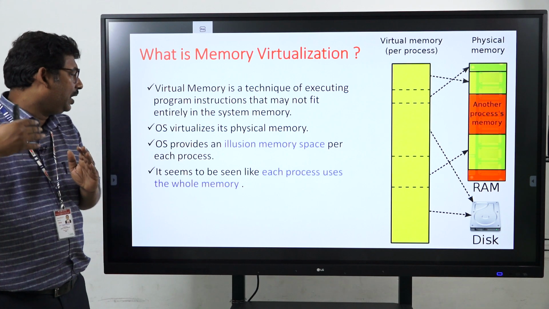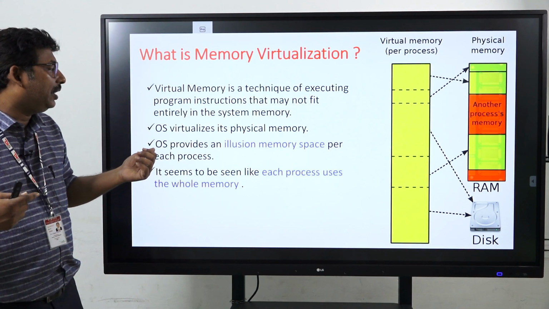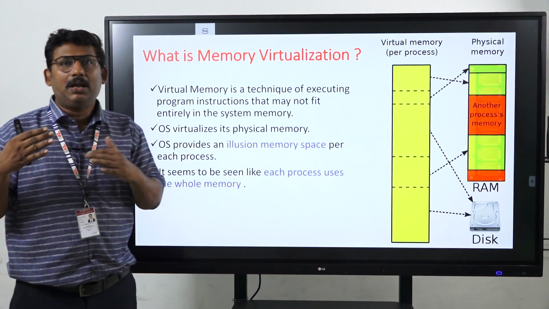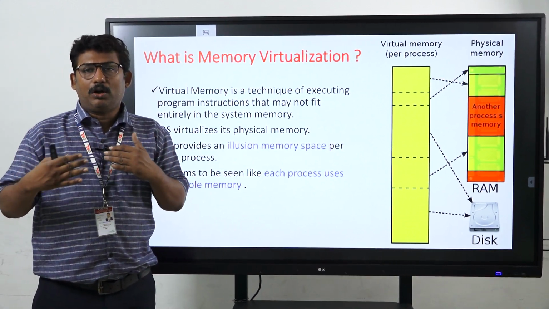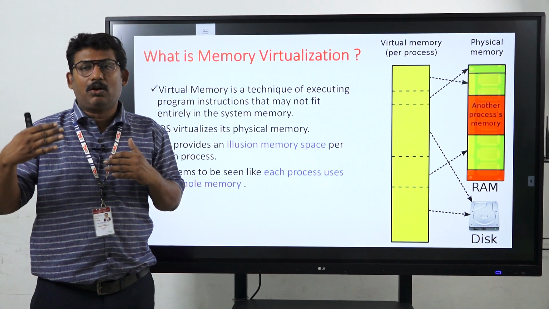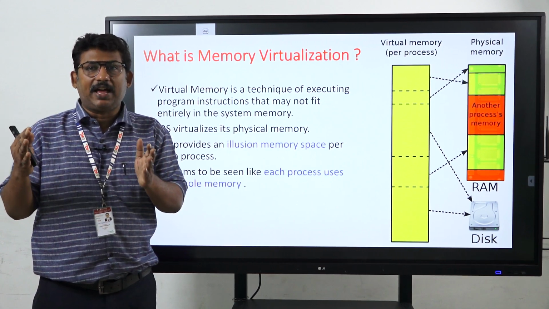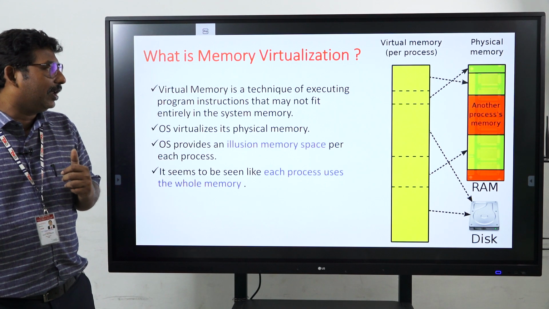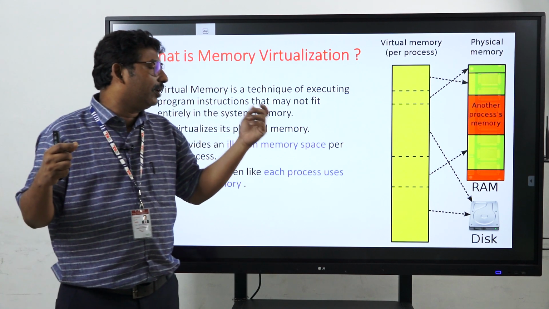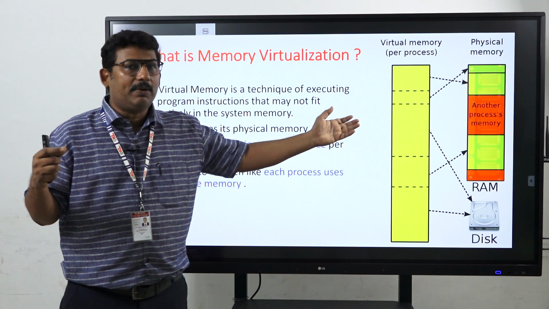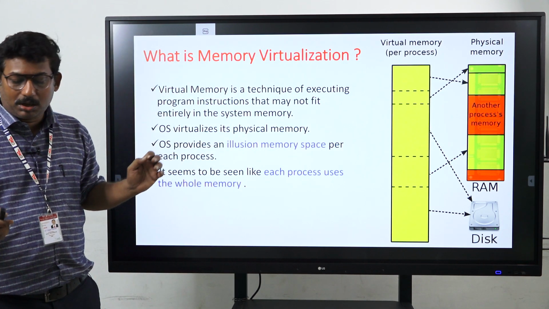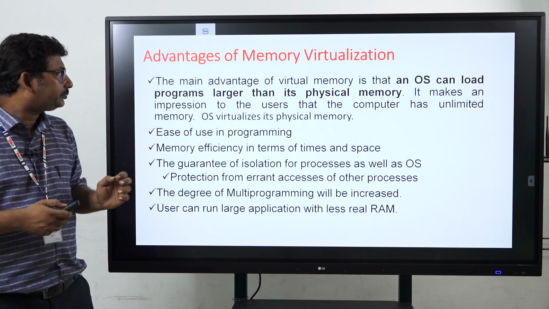Each process seems to have the whole memory, and it works as though it has the regular memory. There won't be any difference between the actual memory, RAM, and the virtual memory. The process will work based on it.